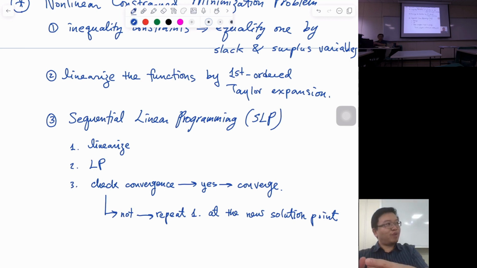Because from the meta code, you realize linear programming tends to move along the boundary from intersection to intersection until it reaches the optimal point. So if your starting point is at the middle, or if your starting point is outside of the feasible space, then it's a problem. Okay?